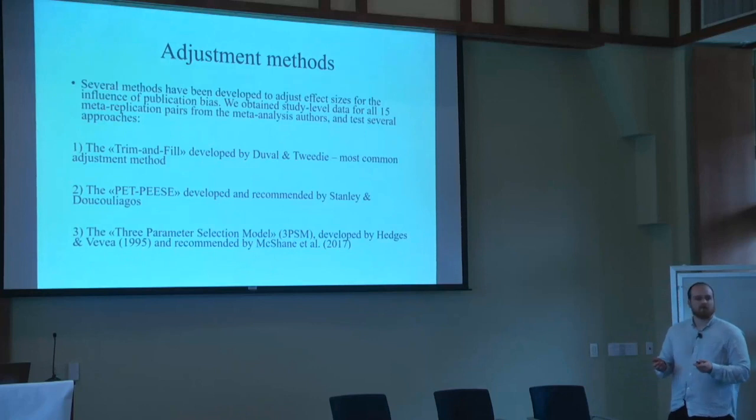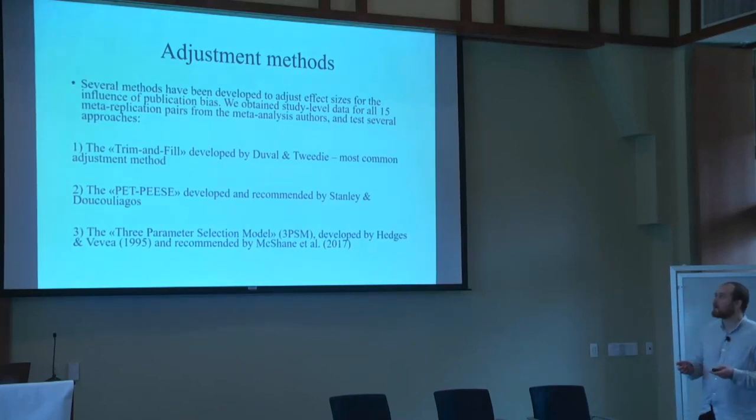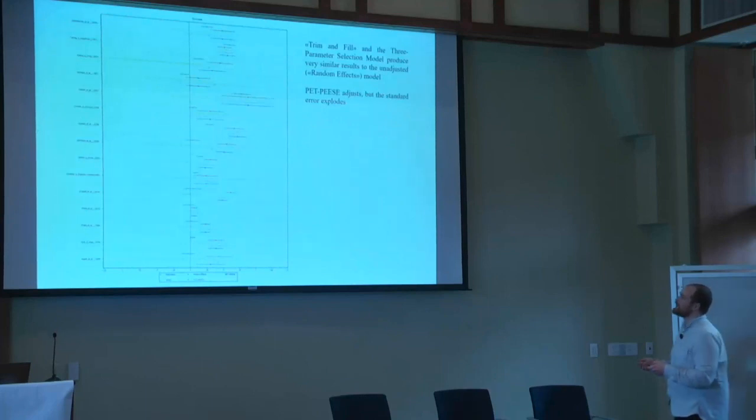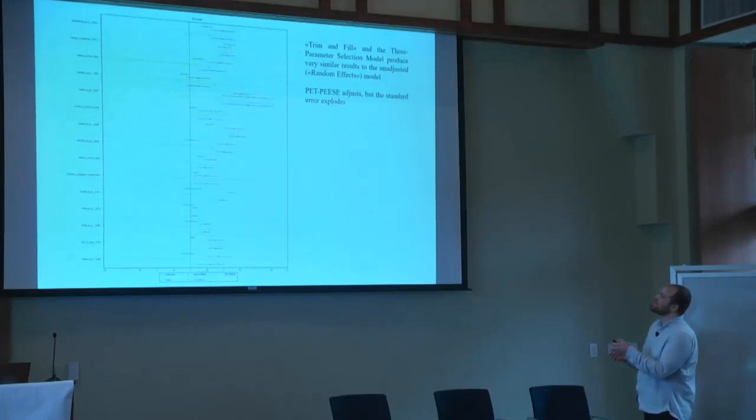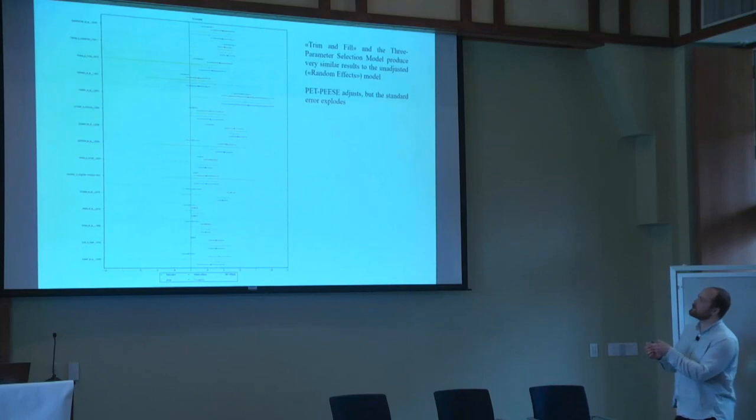And now I'm going to show you a figure which is maybe not visible in the back. But the takeaway from this figure is that we compare the replication estimate to the meta-analytic estimate provided by all these different methods.